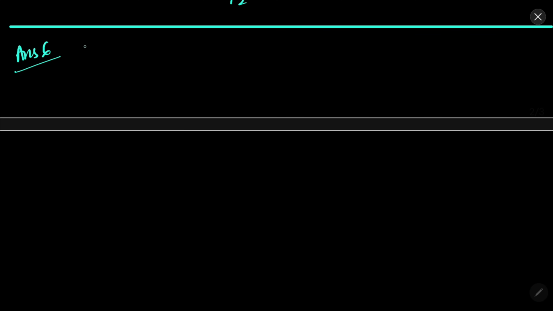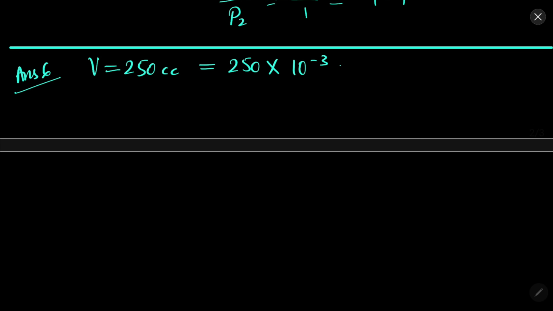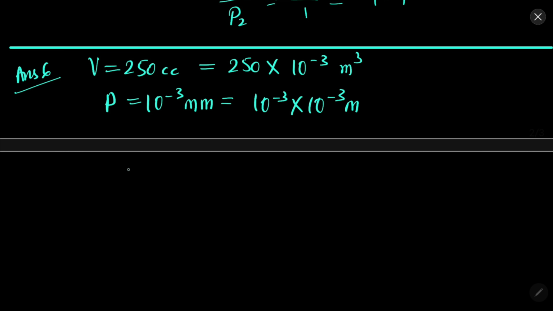Sixth one, volume 250 cc, that is 250 into 10 to the power minus 3 meter cube. Then pressure is 10 to the power minus 3 mm, or 10 to the power minus 3 into 10 to the power minus 3 meters, and let's convert it into Pascal.